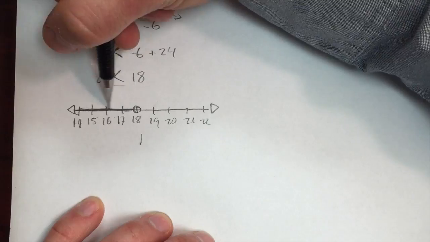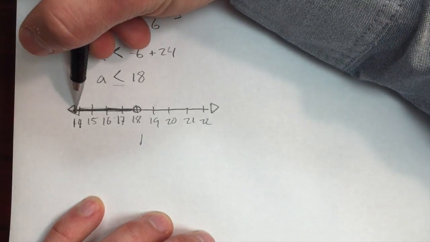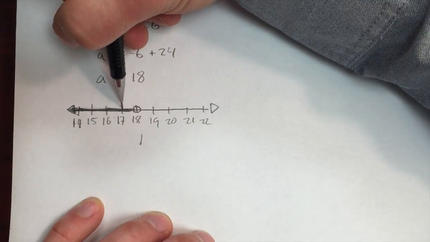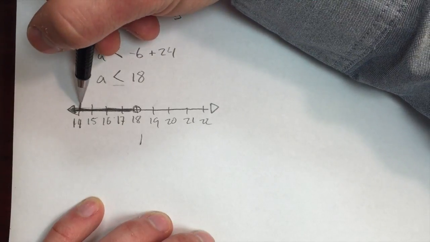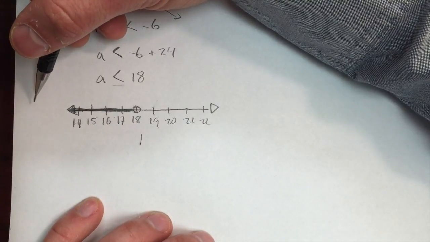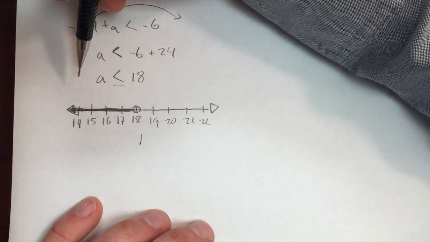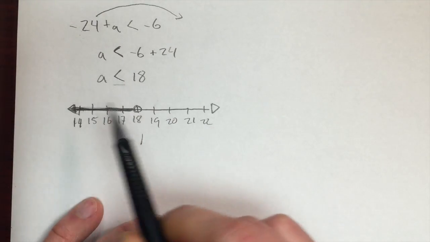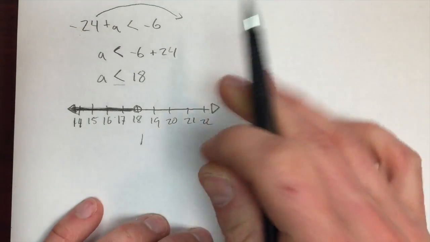I'm going to shade all this in. This tells me that a could be 17, 16, 15, 14, 13, negative 2, negative 5, or 1. Any number less than 18 would make this inequality true.